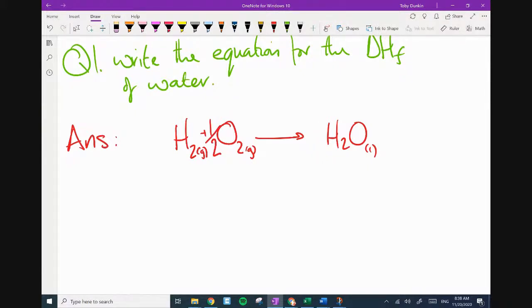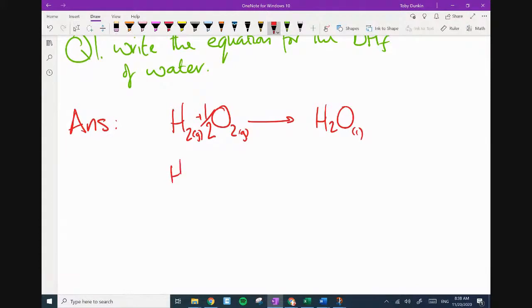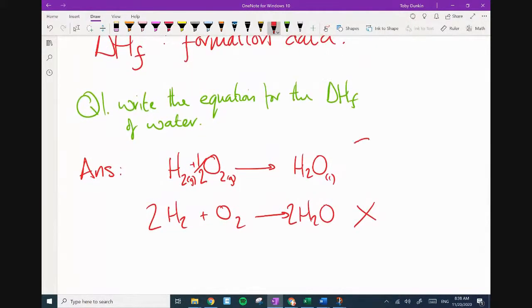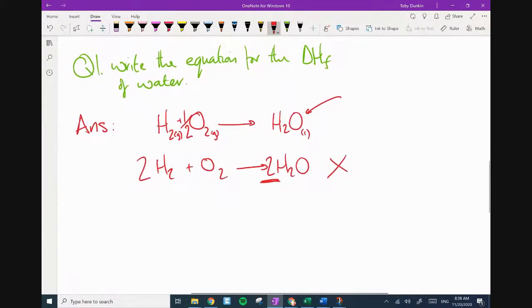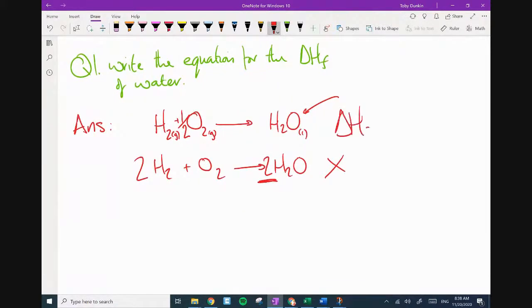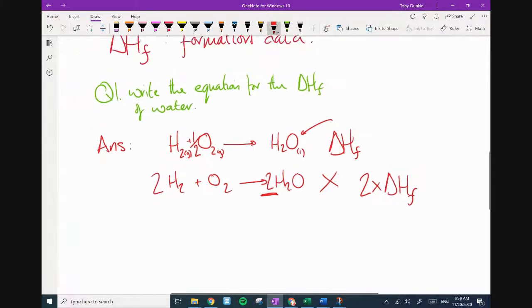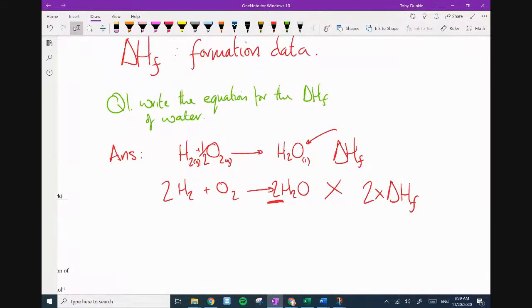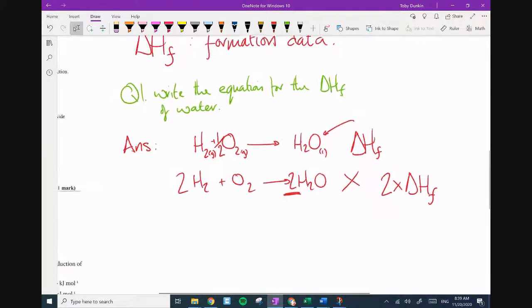A very common answer here is for students to double it. You are not allowed to double the equation, because the definition states 1 mole of a compound is formed, and in this case it would be 2. So this would be delta HF, and this one would be 2 times the delta HF, because I'm making 2 moles of it. Okay with everybody? Nice to do a nice easy formation.